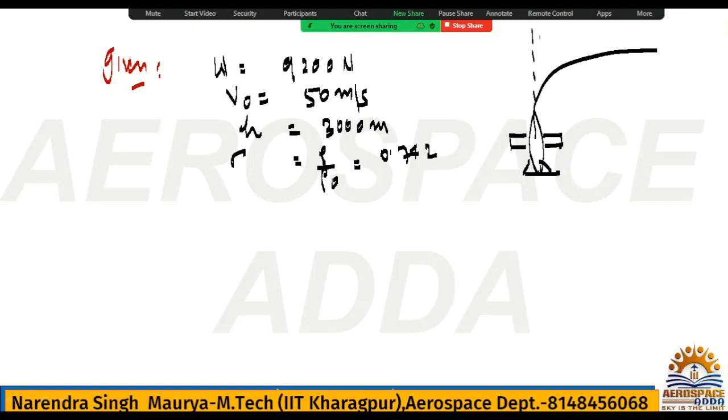Now it is going to turn in this way, which is nothing but 90 degrees. Yes or no? Now this is the 90-degree turn for the aircraft.